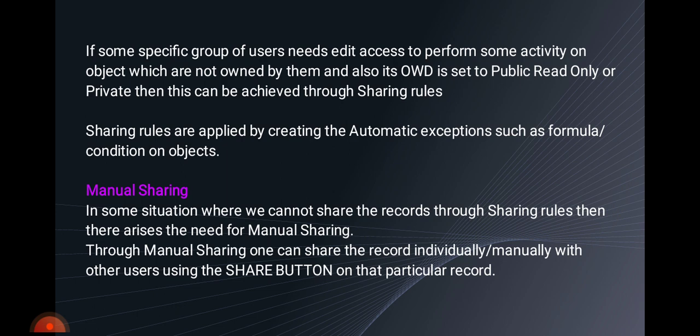Manual sharing. In some situations where we cannot share the records through sharing rules, there arises the need for manual sharing. Through manual sharing, one can share the record individually or manually with other users using the share button on that particular record.